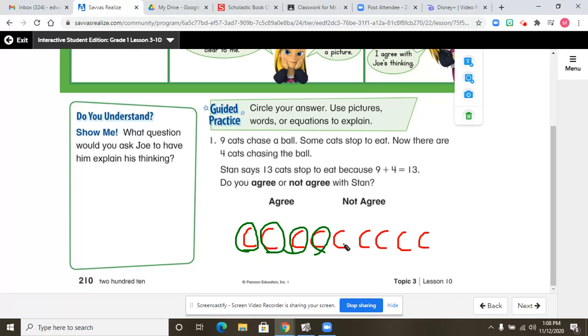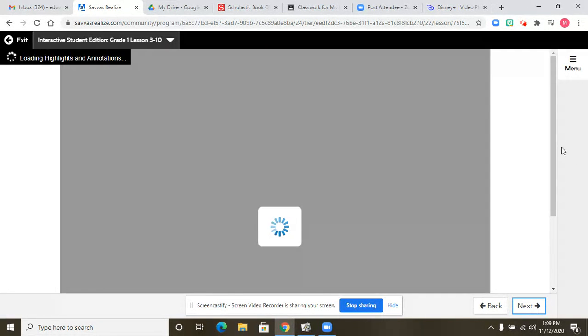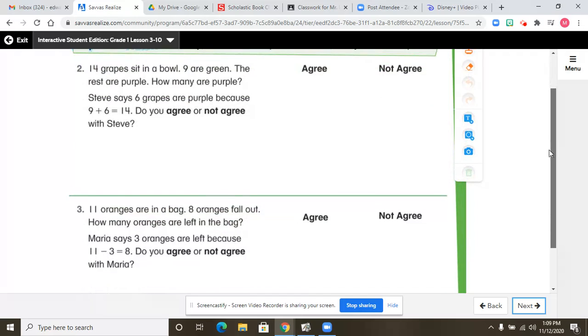Well, as we could see, 4 cats are still chasing the ball, just like the story problem says, and 1, 2, 3, 4, 5 stop to eat because there's only 9 cats total. Okay? So 9 plus 4 equals 13. 13 cats stop to eat. We do not agree.